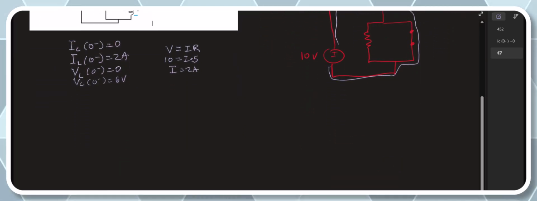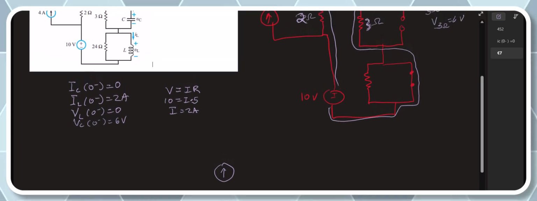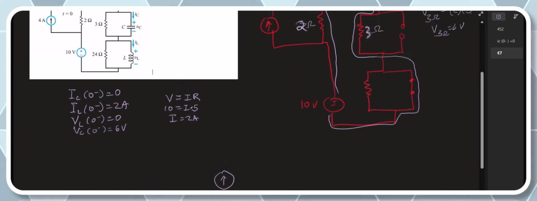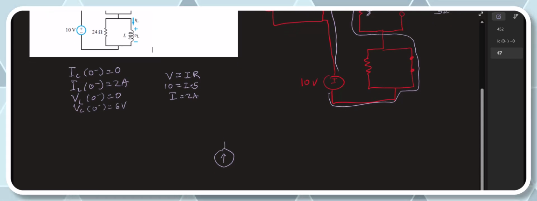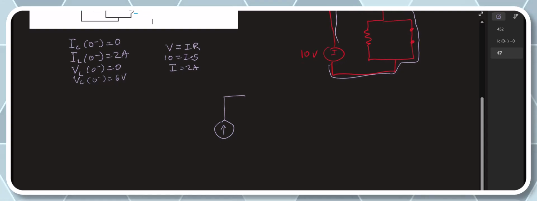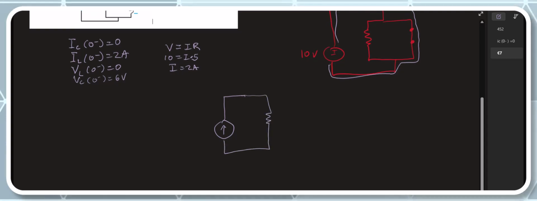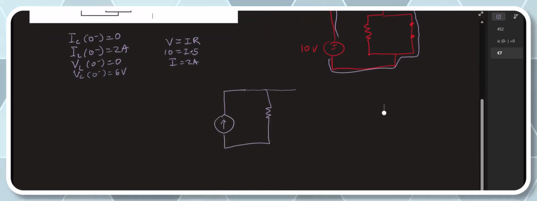Now, right at t equals 0, when we throw the switch, the capacitor will act like a little mini voltage source, and the inductor will act as a mini current source because the capacitor can't change voltages and the inductor can't change its current. So right at that time, that's what they will behave as. So I'll draw them as that.